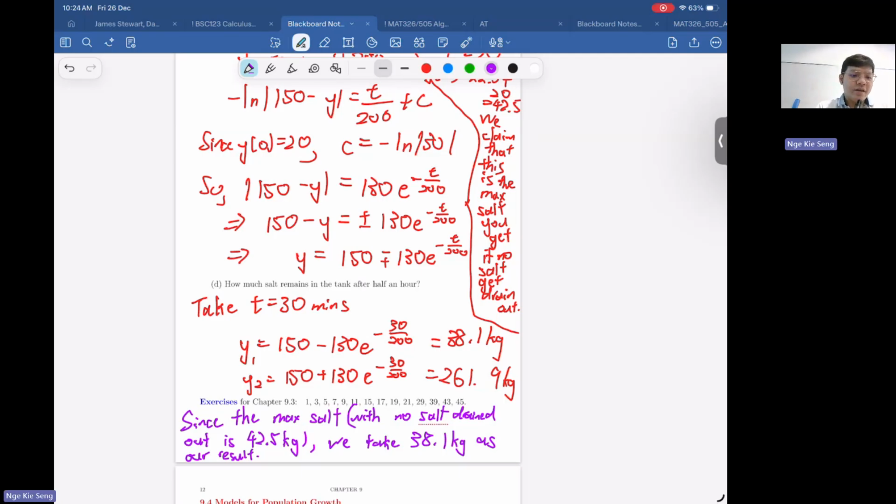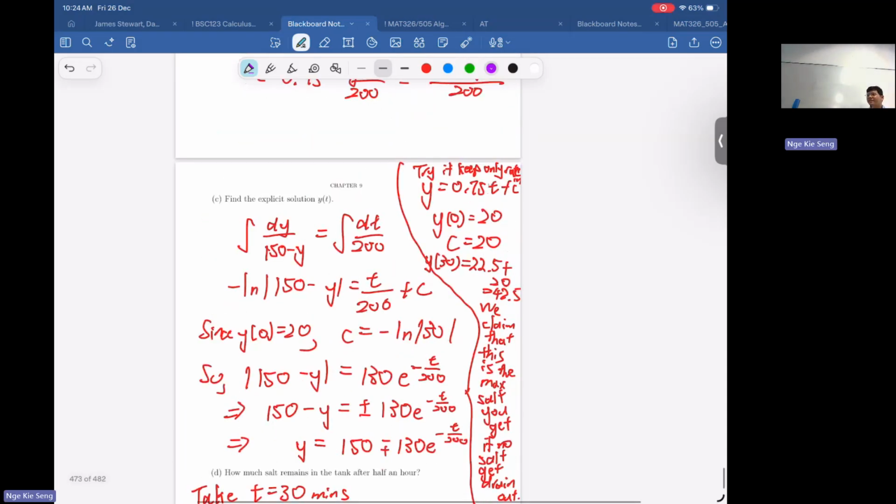So you say that if you multiply 0.03 to 5,000, you get 150 kg. True, makes sense. Then how about this result here?